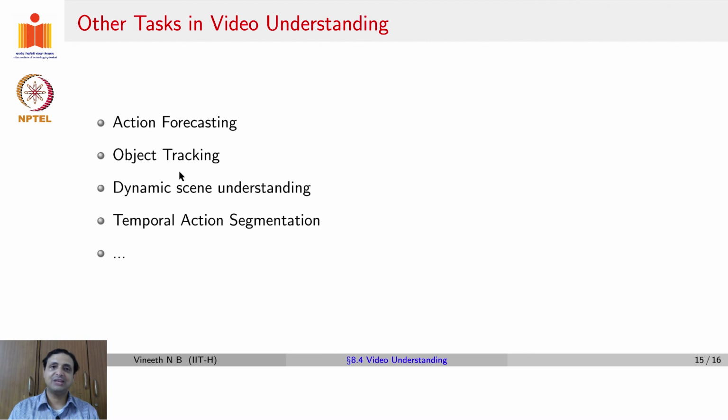But what happens if you want to understand a dynamic scene, a dynamic video? Then we'd have to switch to video understanding models such as a 3D CNN or a two-stream CNN or a CNN plus RNN to solve such a problem. One could also think of other problems such as temporal action segmentation, so on and so forth, which would be an unsupervised kind of approach, which are also important problems in video understanding.